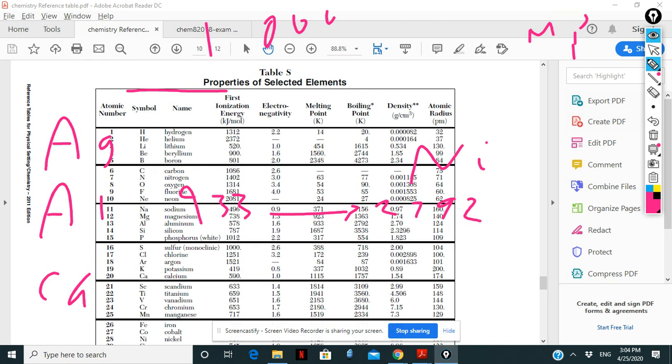Now I'm looking for the calcium. The melting point is 1115 and the boiling point is 1757. So at 1000 it was solid.